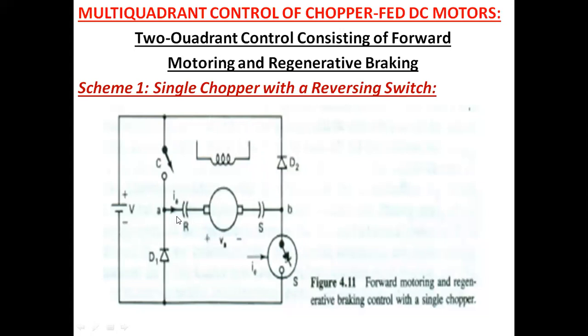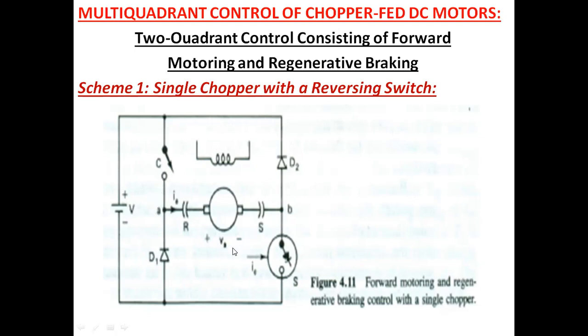Next, regenerative braking in the forward direction. We obtain this by keeping C open. As I am showing in the figure, if C is open, the armature connection is reversed.